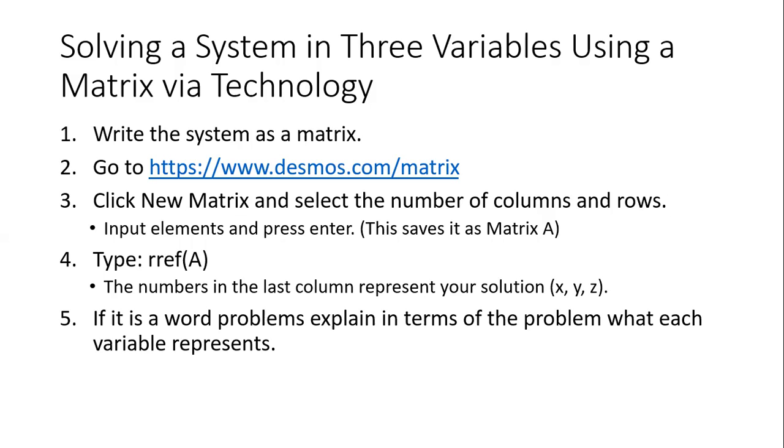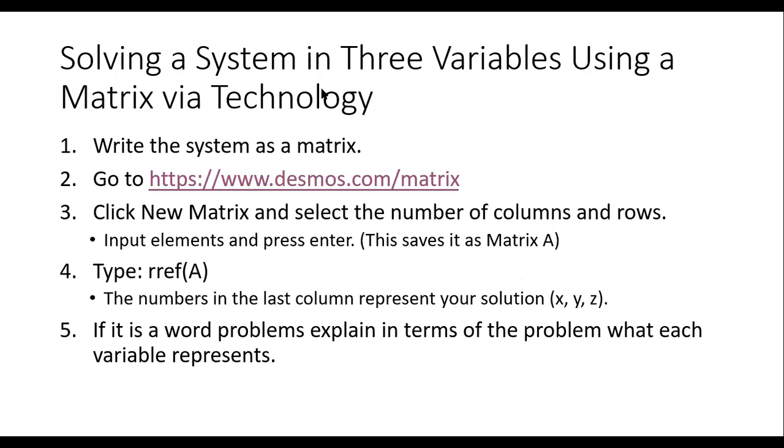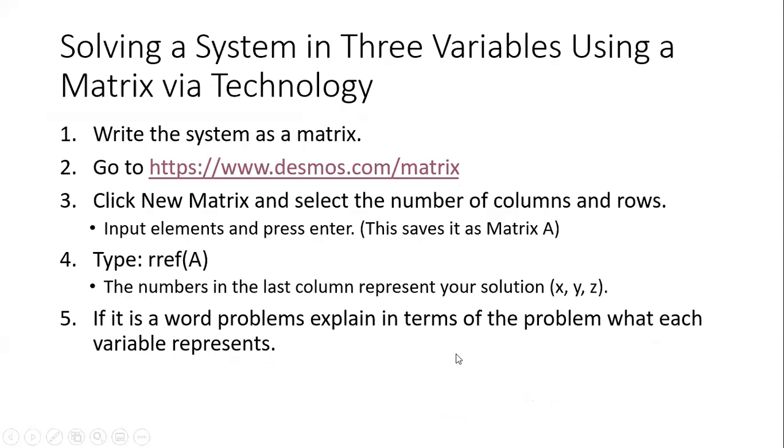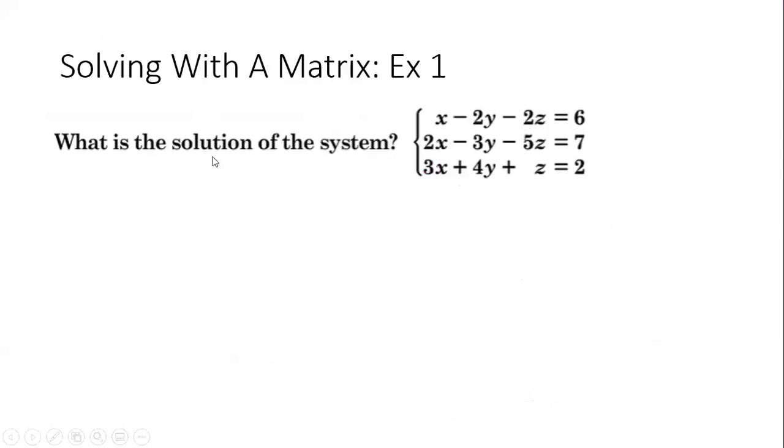All right, so let's dive in. Let me open my matrix. Okay, so I opened it, and the first problem we're going to do together is here. So this is what is the solution of the system.